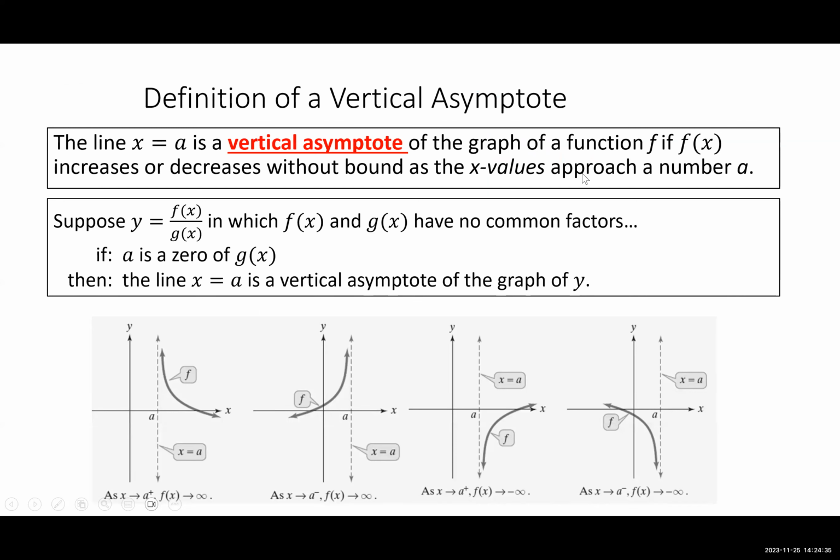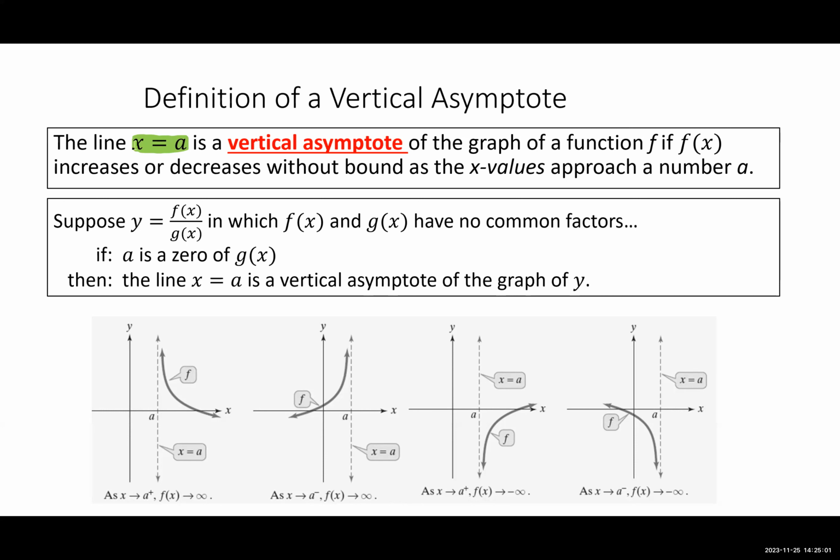To talk about the tangent of x, we have to review a little bit of what we know about vertical asymptotes. All right, so a vertical asymptote is a vertical line, and in this case, the line x equals a is a vertical asymptote of the graph of f if f of x either increases or decreases without bound as the x values approach this number a.